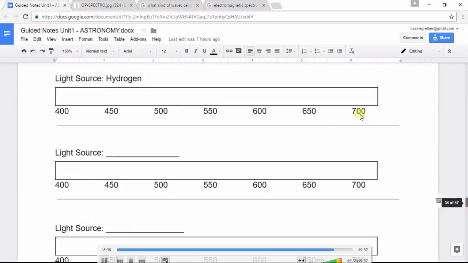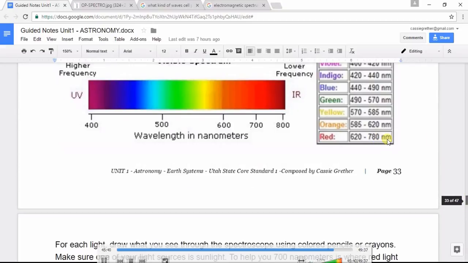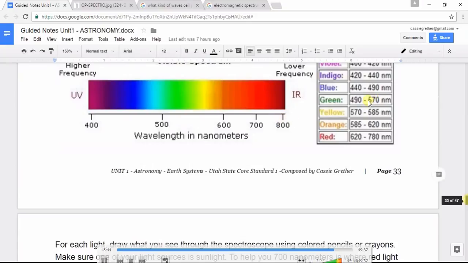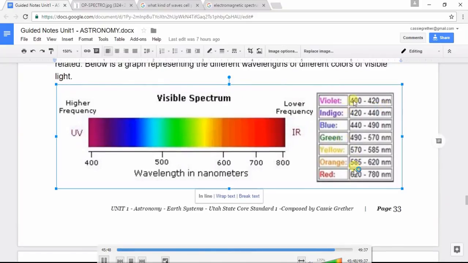If you've got red, it's going to be around here, the 700 range. So here I've got green. Green's 490 to 570. I've got orange 585 to 620, and red 620 to 780. Use this chart to help you figure out where you need to draw those lines.